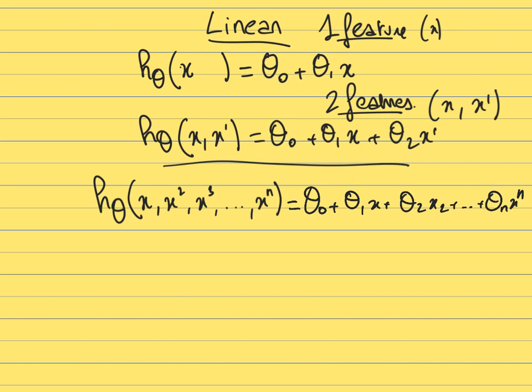So here now it's a nonlinear function because there is some quadratic term. So now it's a function that does not linearly depend on the feature x, but can have a quadratic dependence, a cubic dependence, etc.